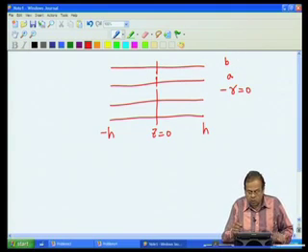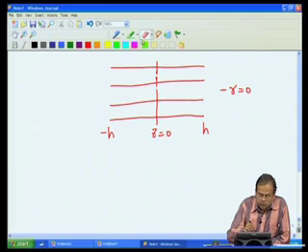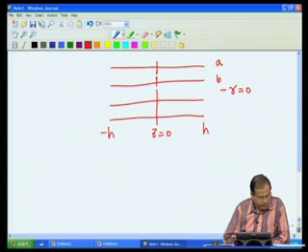Okay, let us reverse the order, it doesn't make much difference. So, we are going from A to B.